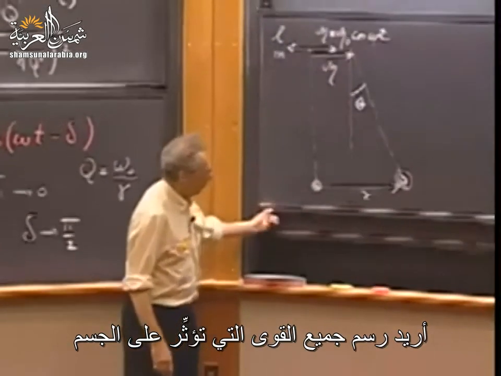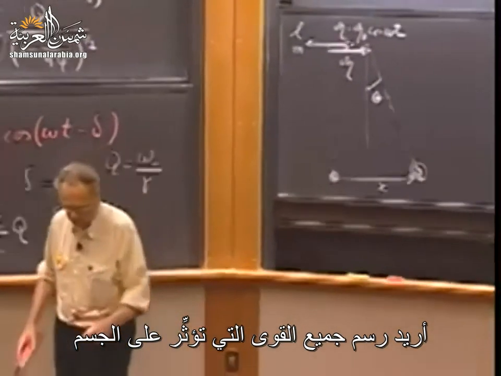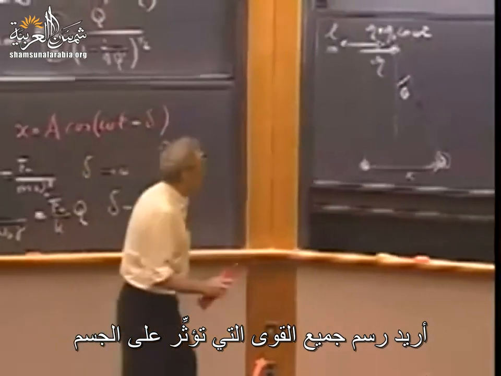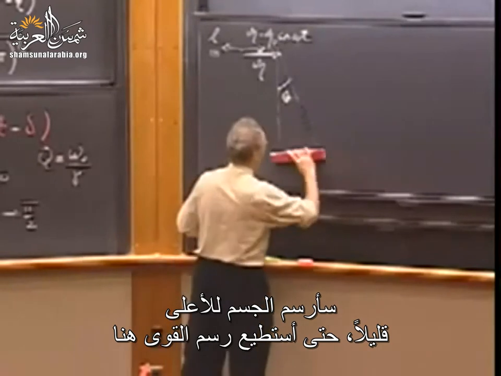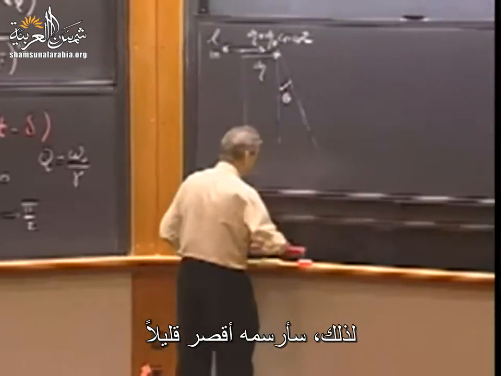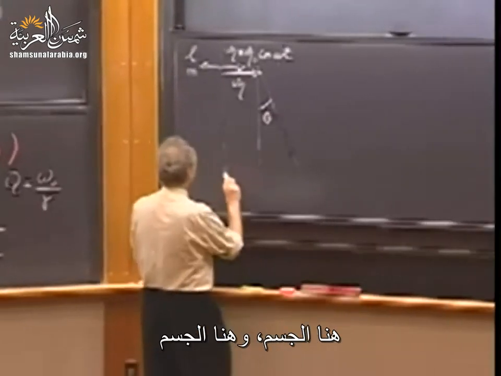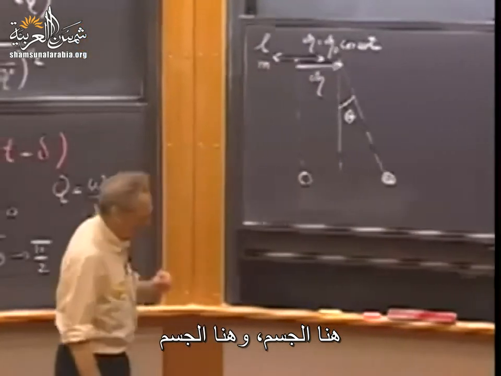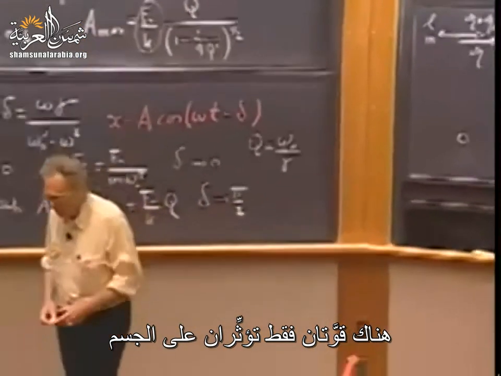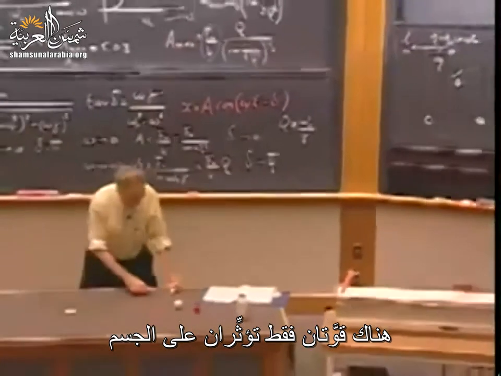So now, I want to put in all the forces that are at work. I will move it up a little bit because I want to have a little bit of room for my forces. So make the length a little shorter. So here is the object, and there are only two forces on this object.